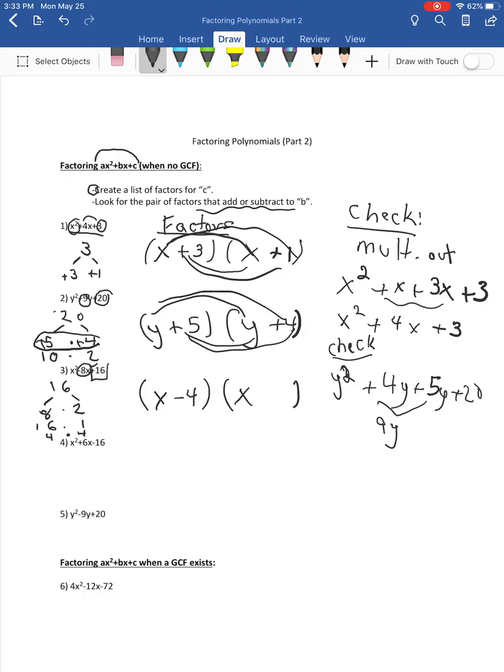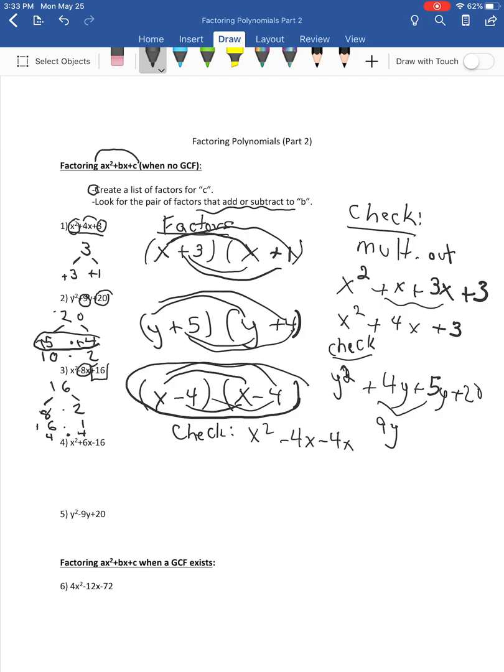So this is going to be x minus 4 times x minus 4. If we check, this is going to be x squared minus 4x minus 4x plus 16. And there's our negative 8x.